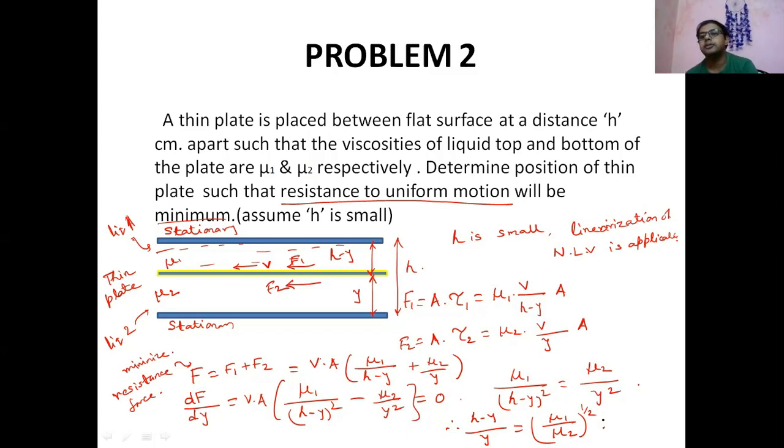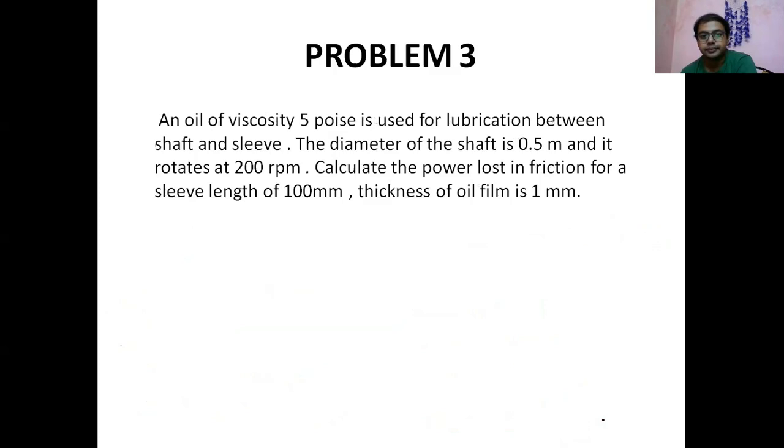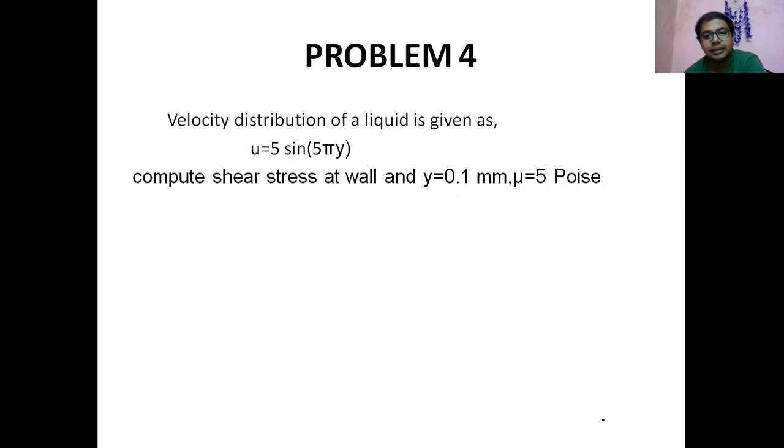After getting the net shear force, you minimize it and you will get some values. That gives you the idea that the shear force will be minimum at this condition. If you put the plate in such a way, you'll get the minimum shear force. That is one type of important problem.